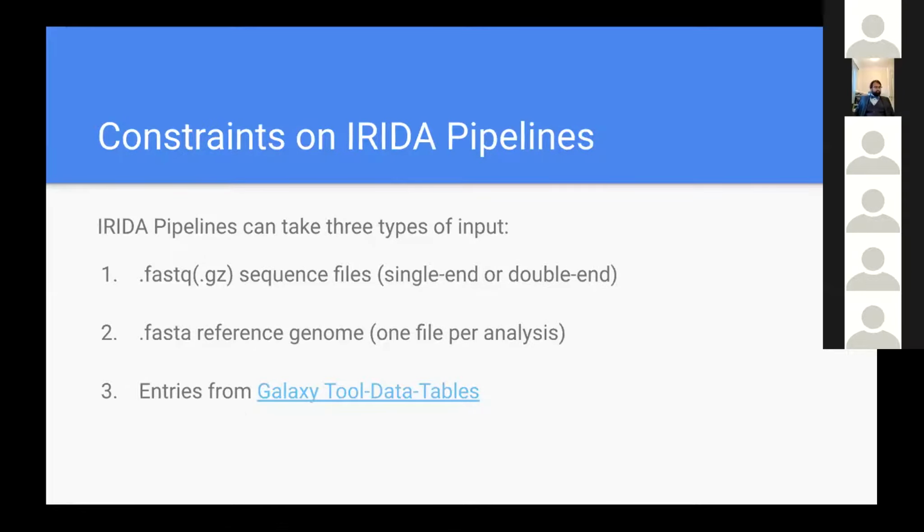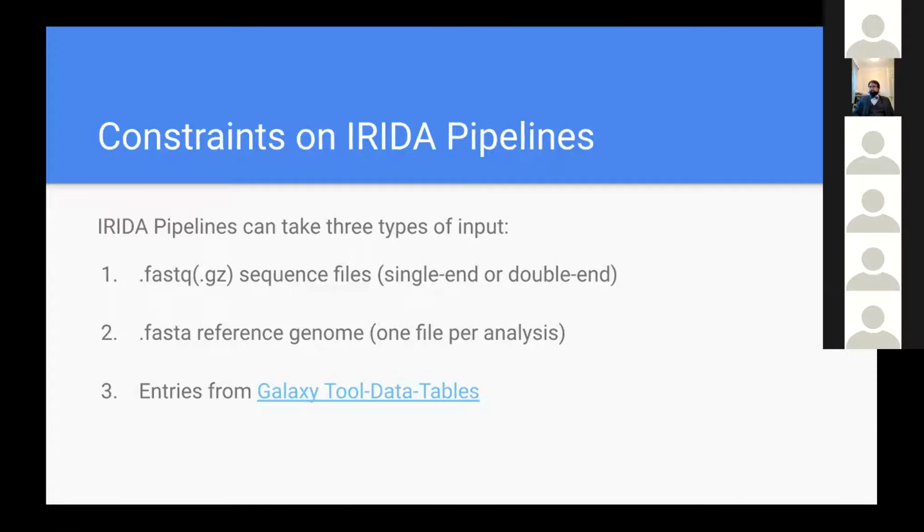So there are a few constraints on irida pipelines. You cannot build an irida pipeline out of any arbitrary Galaxy workflow. The main constraint right now is that every irida pipeline starts from FASTQ sequence files.